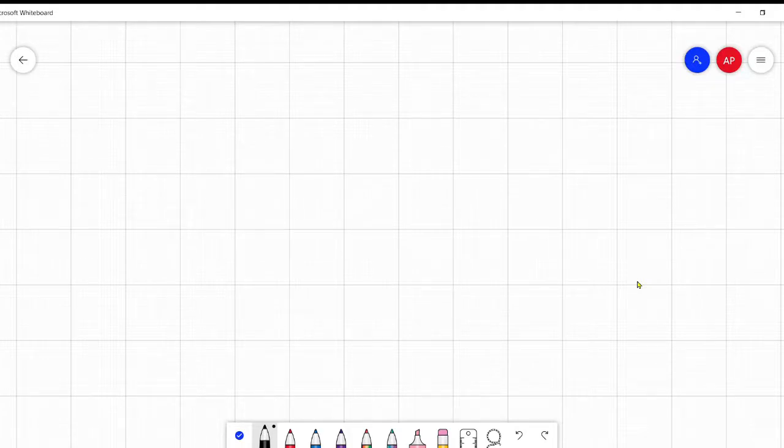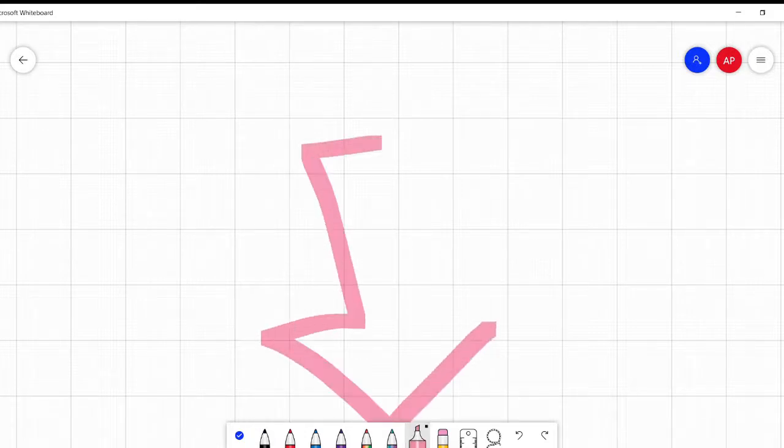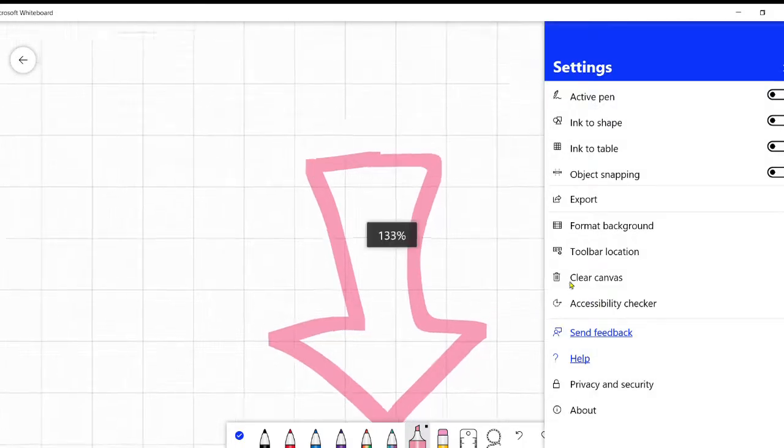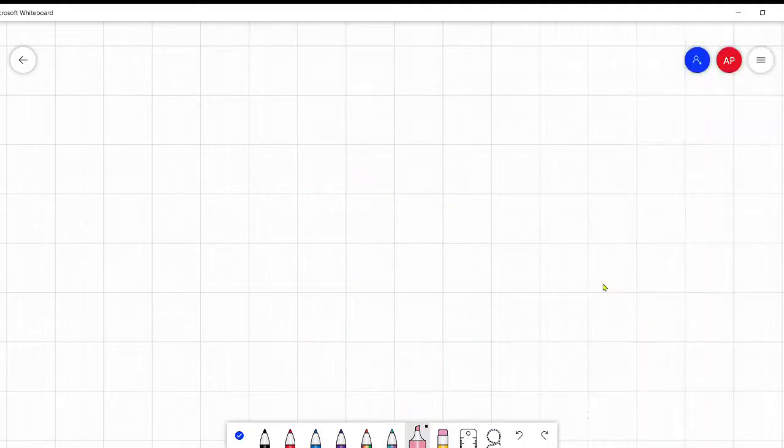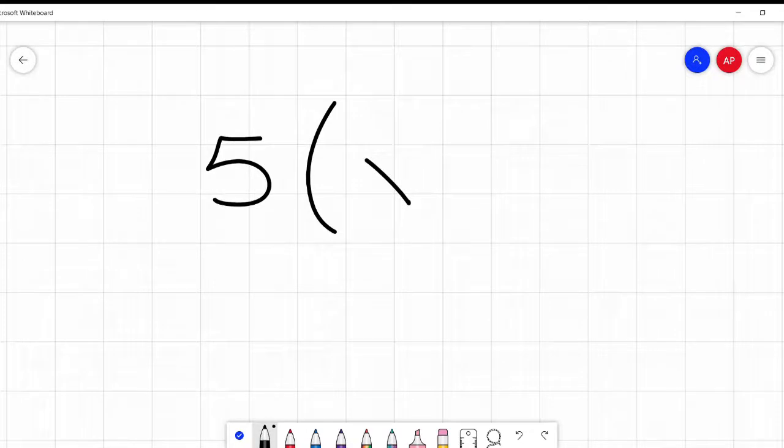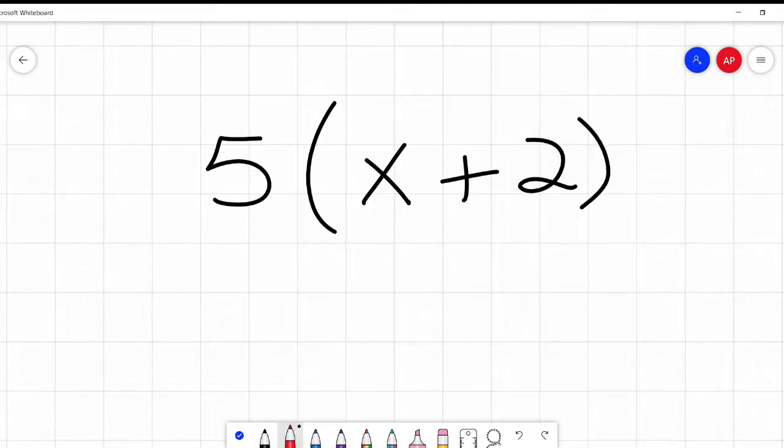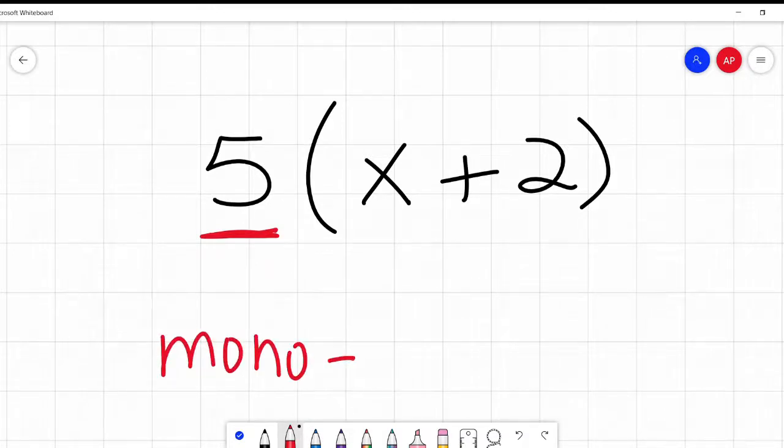Well, in the previous video that I did on the distributive property, link is in the description below. In the previous one, we did things like this. This was mentioned. This would be called a monomial. Mono is the prefix that means one.